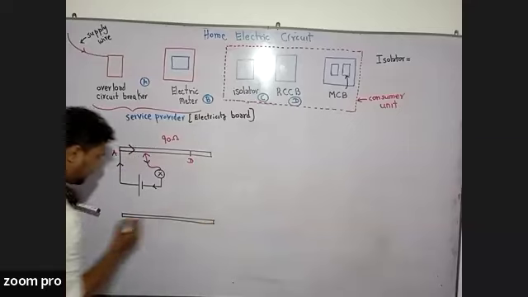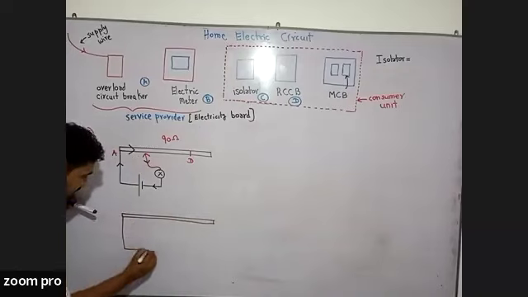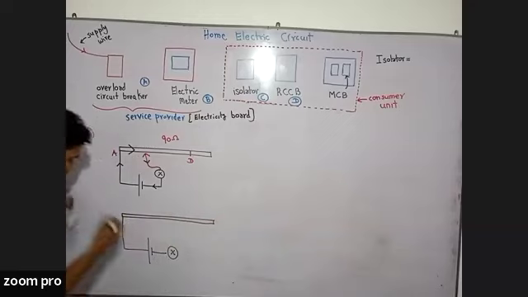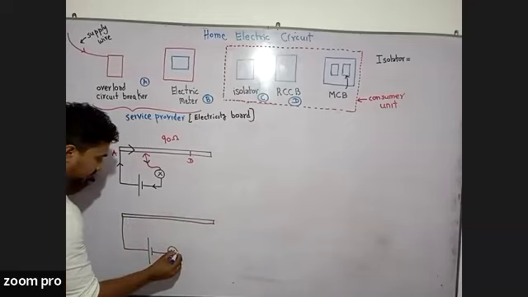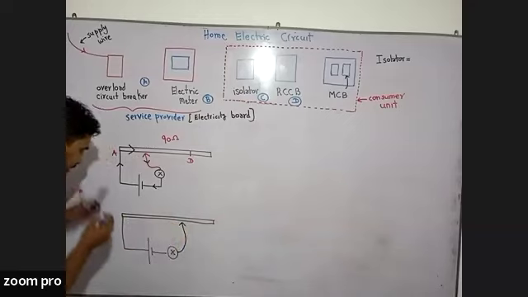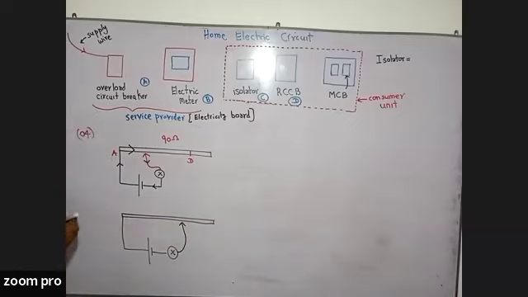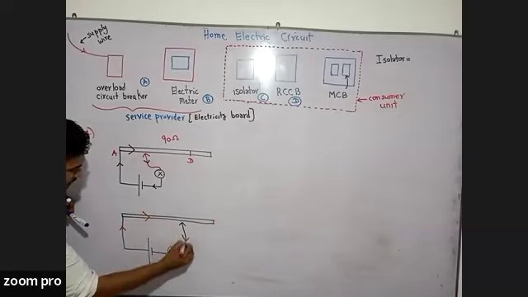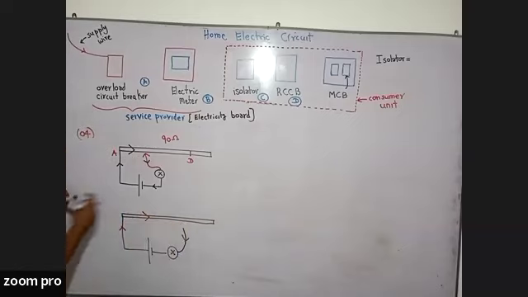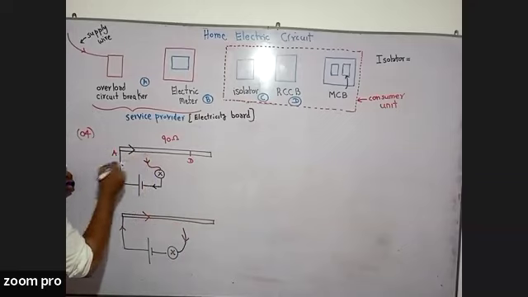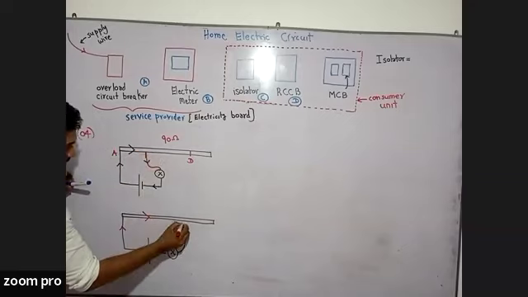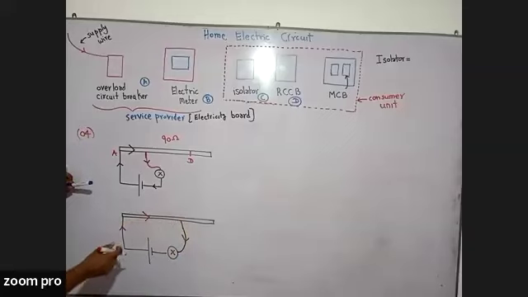if the pointer is reached up to this point, then current has to flow this much distance, right?